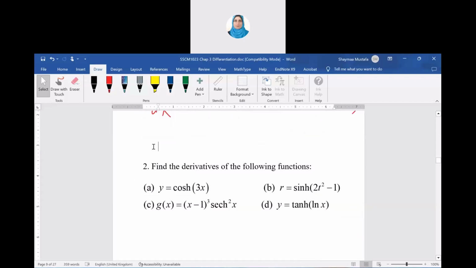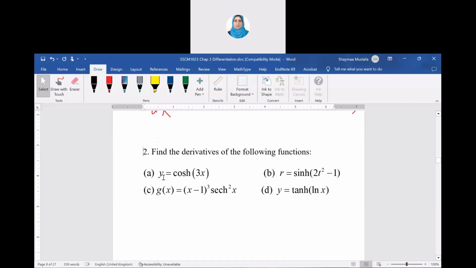Okay, find the derivative of the following functions. Another example: y equals cosh 3x. This one is also a composite function, not a multiplication. So I have to start from the outer one, from cosh.